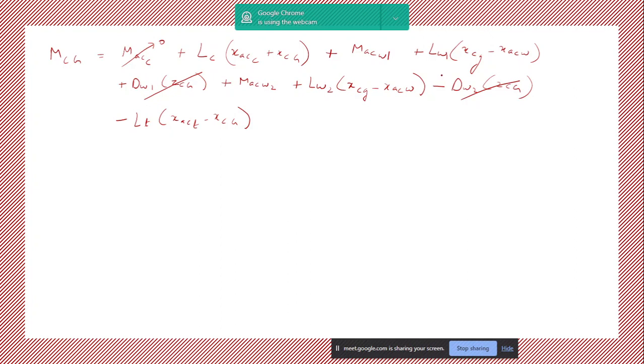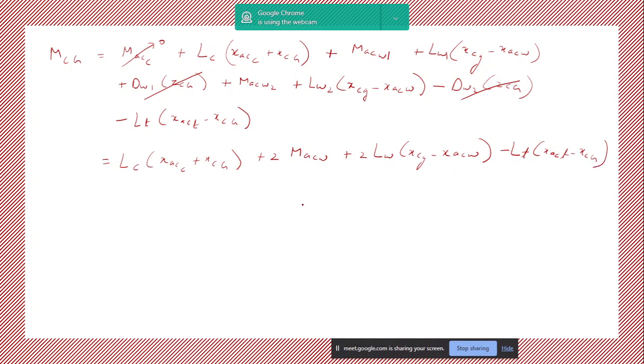Every other term will be multiplied by 2, so we can write this as LC into XACC plus XCG, plus 2 MACW plus 2 LW into XCG minus XACW, minus LT into XAC tail minus XCG.